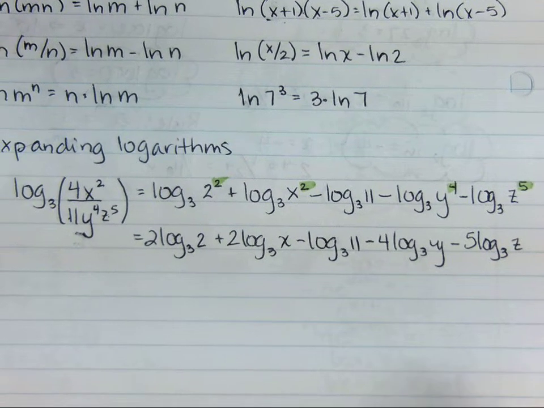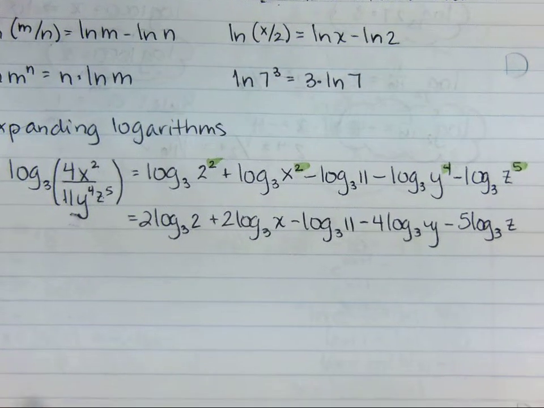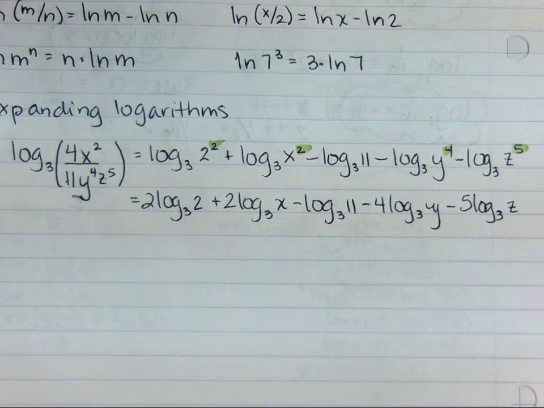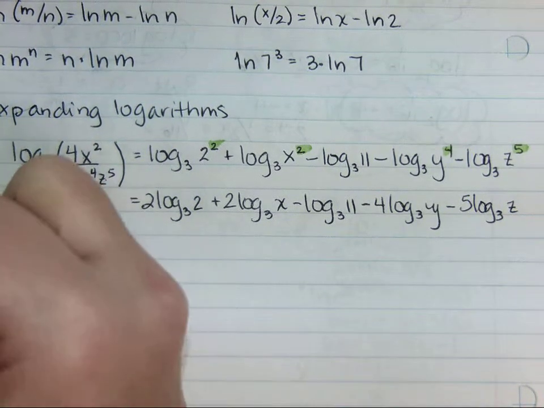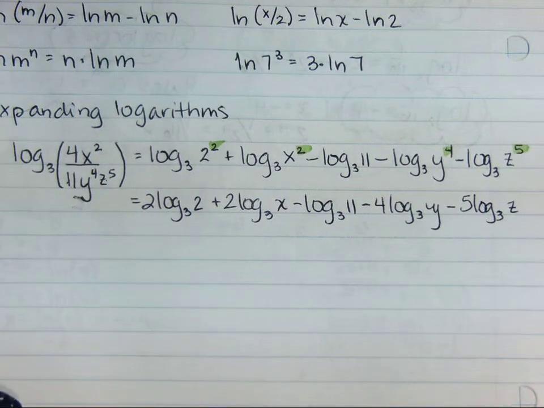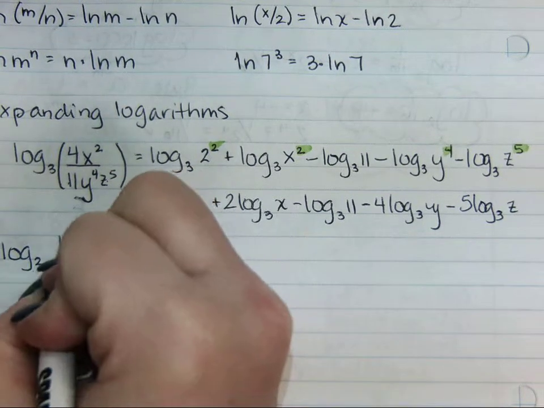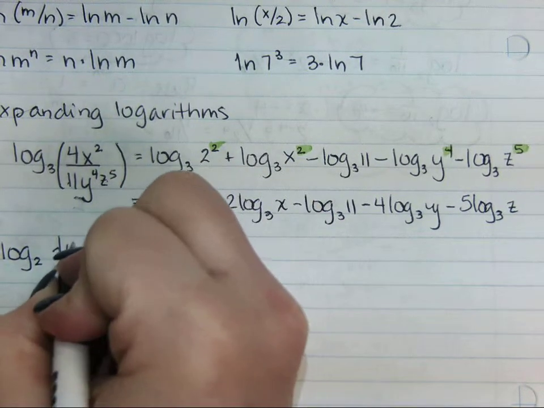So it looks a little complicated, but you're just using the three rules, whichever one you need at that moment. Usually the ones that are a little bit more complicated for students are the ones that have radicals in them. So for example, log base 2, I'm going to rewrite this as the square root of 4.